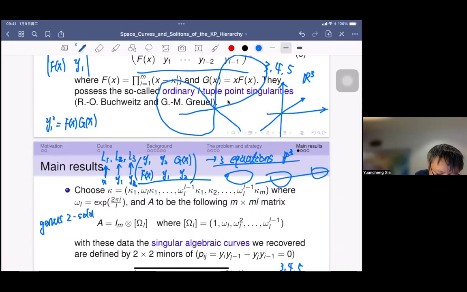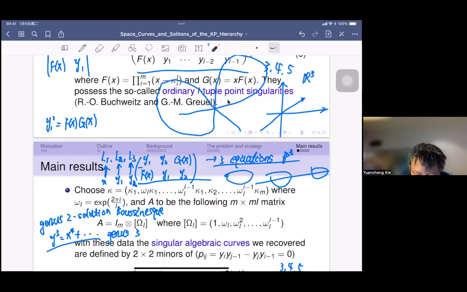Before, when people studied Boussinesq, they just considered y to the third equals x to the fourth, and if this one is smooth, it is genus 3. This is exactly what I am talking about: the singularity is very different.